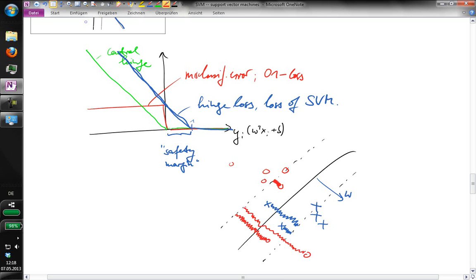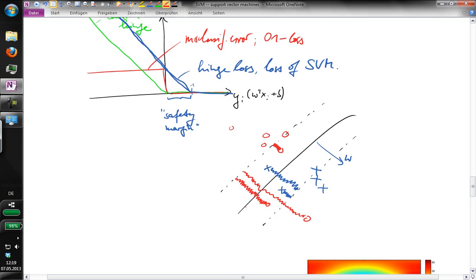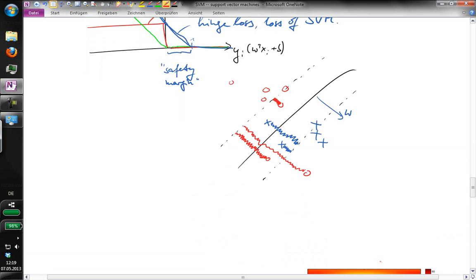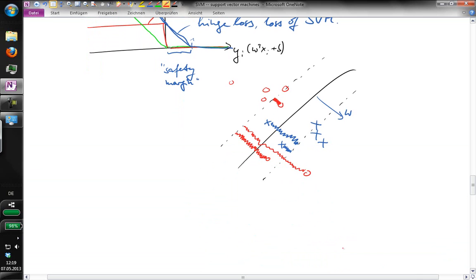We have, however, one problem left, at least most clear for linearly separable problems, because so far we have made no statement about the magnitude of this normal vector W. So, for example, let's say this is the decision surface, and let's say it just barely touches a sample of the positive class.